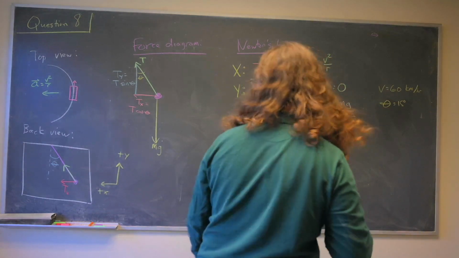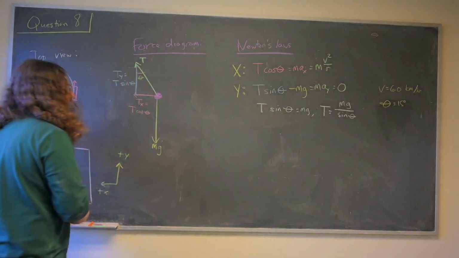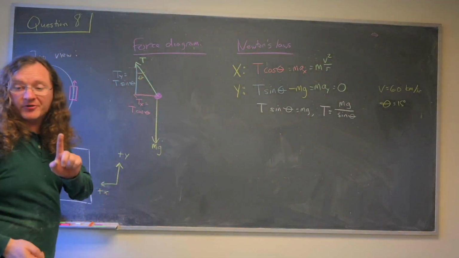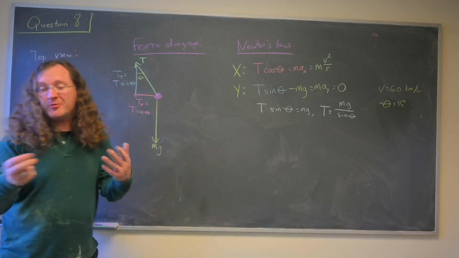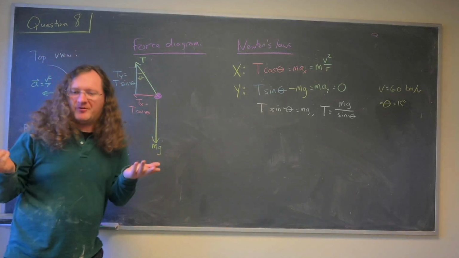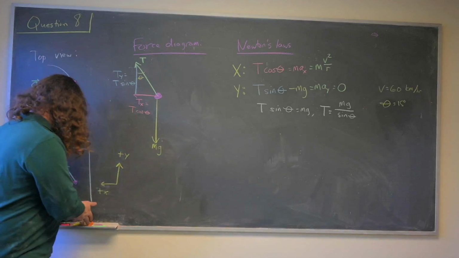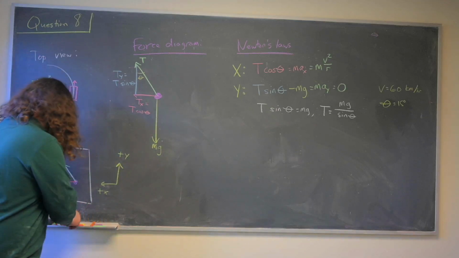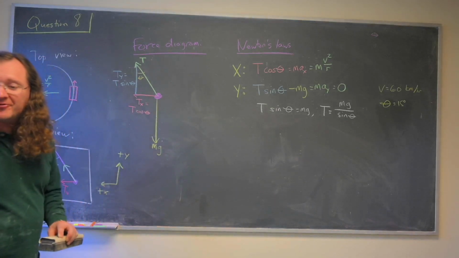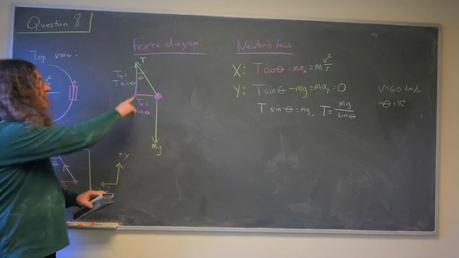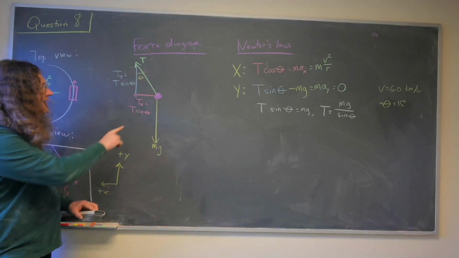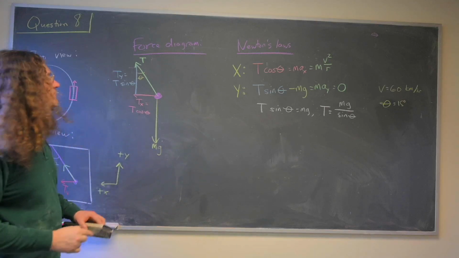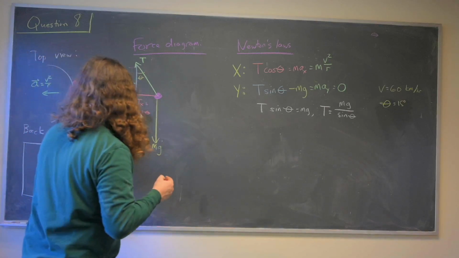sine theta. Whoops. Oh, I've messed up my sines and cosines. Many of you have probably been looking at me this whole time and saying, Walter, your trigonometry is backwards. I did the stupid thing of not actually thinking about the triangle and saying, oh, the x one is cosine. So let me fix my trig.